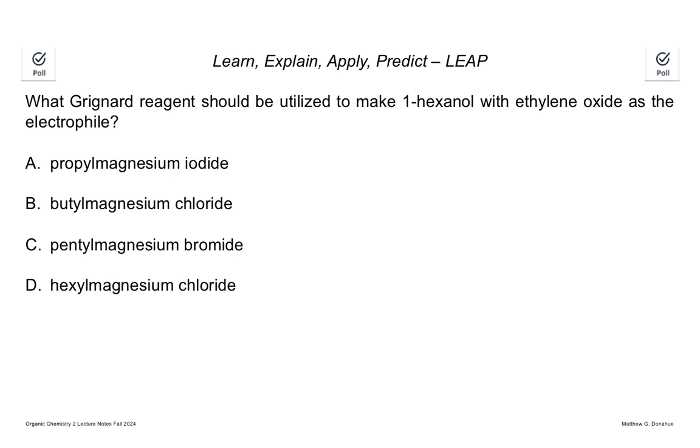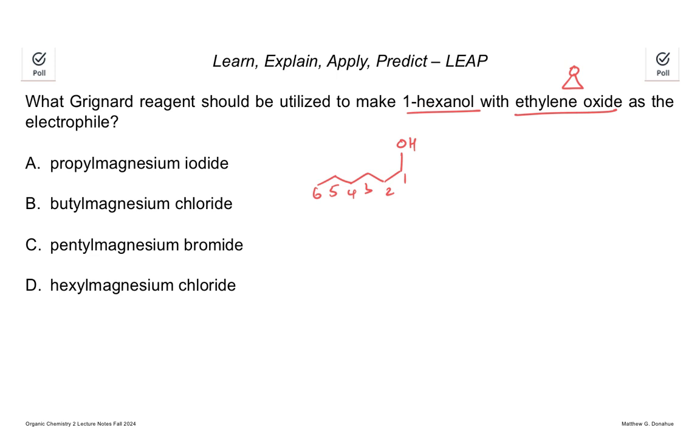So this is a reverse problem. We want to make that 1-hexanol. So there's 1-hexanol. And it says we want to use ethylene oxide as the electrophile.